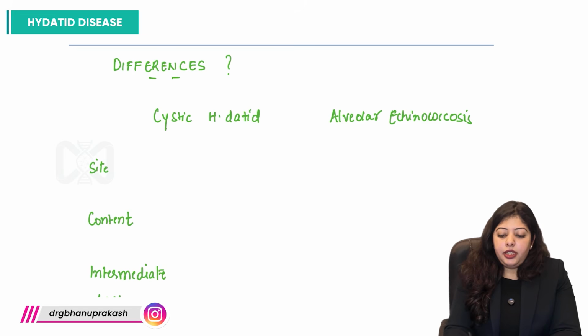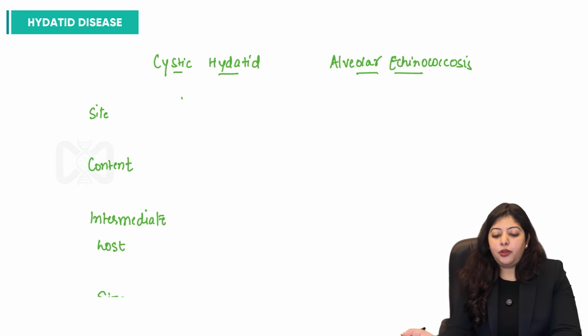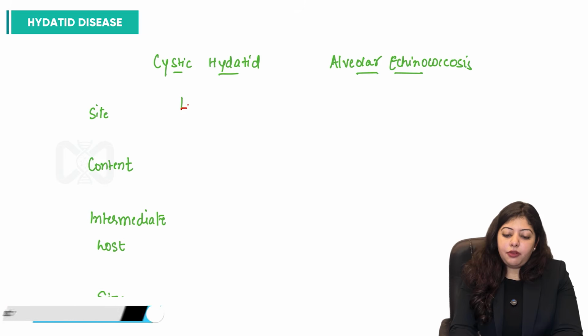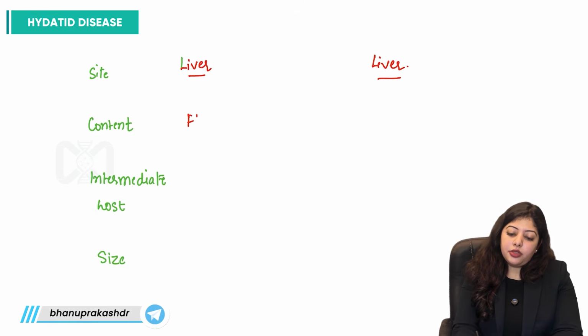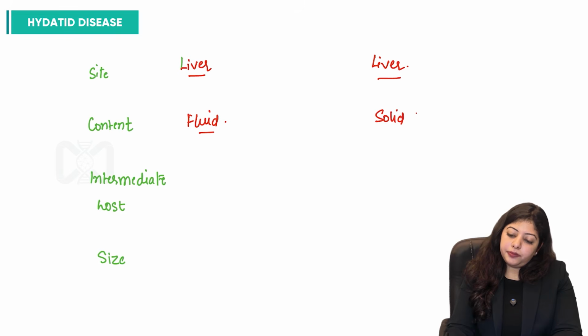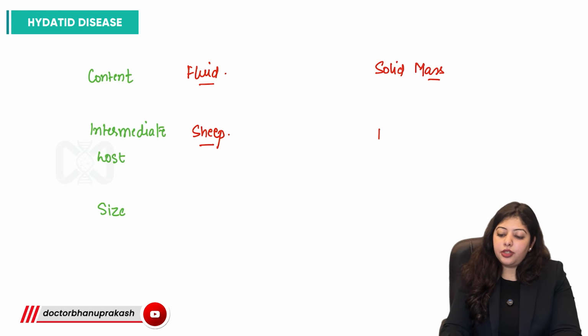Coming to the last thing, that is the differences, the most common differences which you must know from this topic. It is the site, liver for both types of infections. Content, for cystic, it is going to be fluid, for alveolar it is going to be solid mass. Intermediate host for cystic disease is sheep, and intermediate host for alveolar echinococcus is rodents.